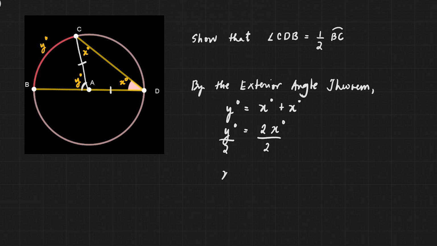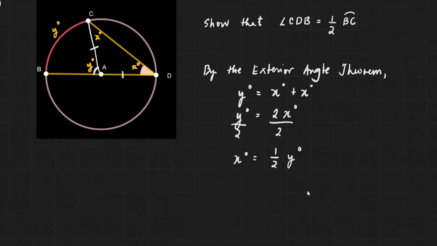You will get x is equal to 1/2 of y degrees. Let's substitute. X is angle CDB. Angle CDB is equal to 1/2 of y degrees, which is also equivalent to arc BC. And that's the proof of theorem number 1 using the first case.